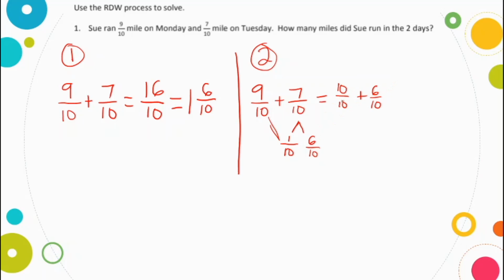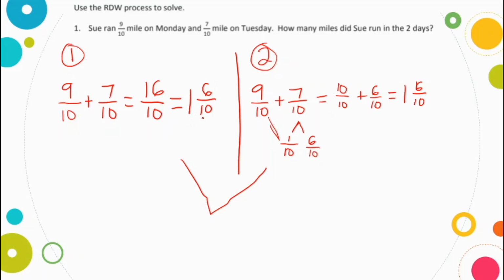Now we change this into 1 whole, and then we have 6 tenths. But the last step we need to do for both of these is that whenever we're adding fractions or doing anything with fractions whatsoever, subtracting, adding, multiplying, dividing, whatever we're doing with them, we always want to make sure that we have the smallest fraction possible.